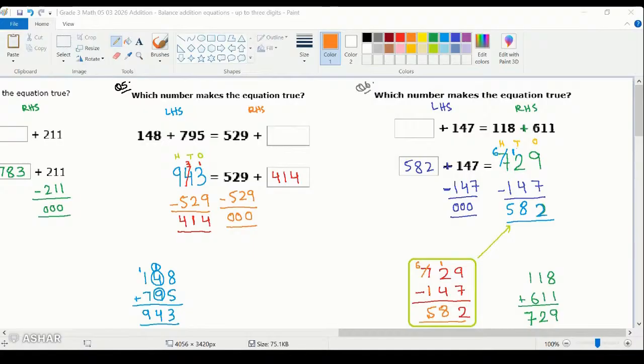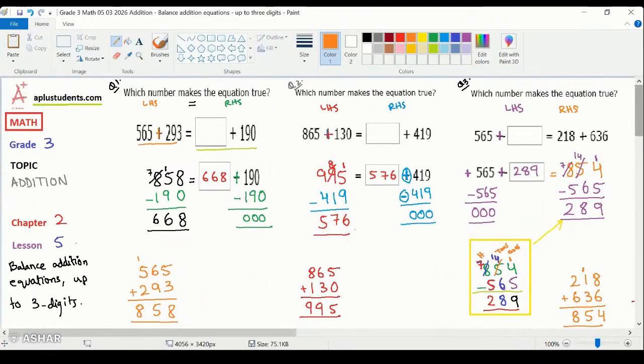For the next question, it says, which number makes the equation true such that... Question number 6.